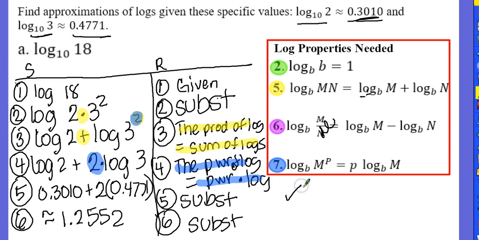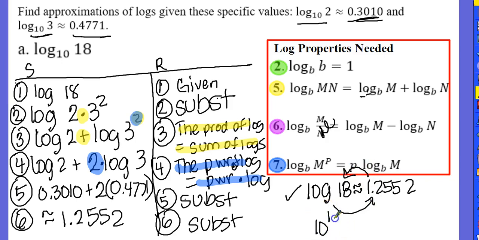Over here, we're going to make sure it makes sense. We said that the log of 18 is equal to approximately 1.2552. That's what we said. How can we verify that that's true? 10 to the 1.2552 should be approximately 18.